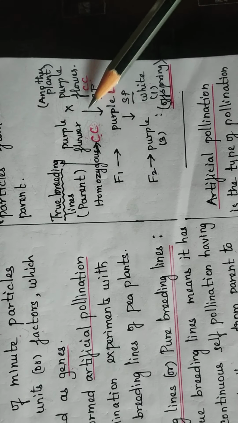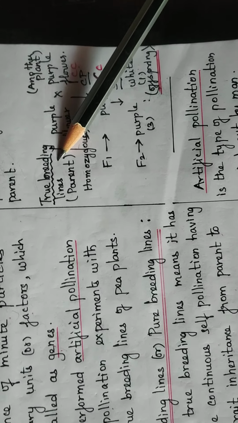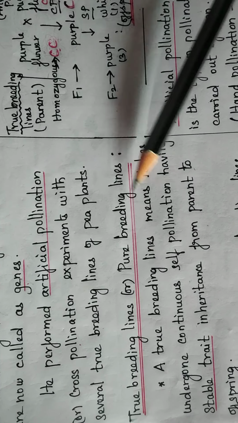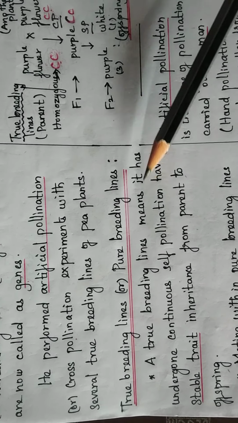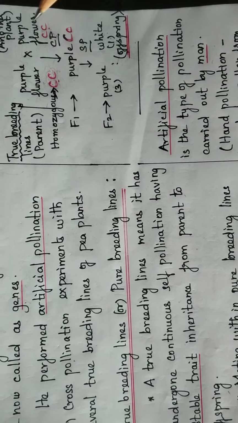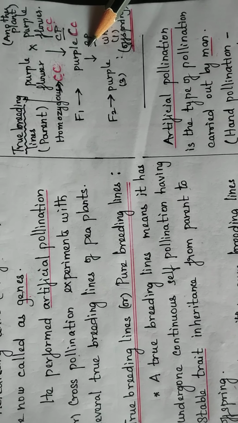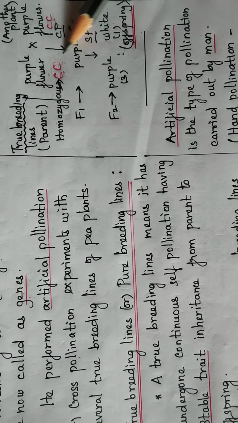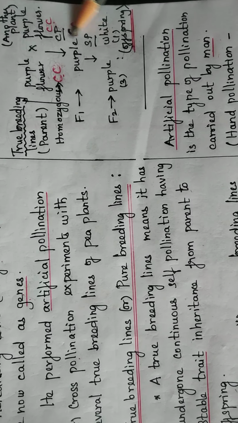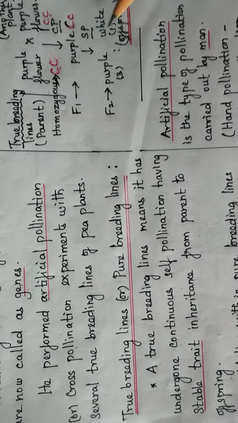These two are homozygous, and are called true breeding lines. True breeding lines are otherwise called pure breeding lines. True breeding lines undergo self-pollination. These two plants undergo self-pollination, having stable trait inheritance. These characters are inherited from parents to offspring.